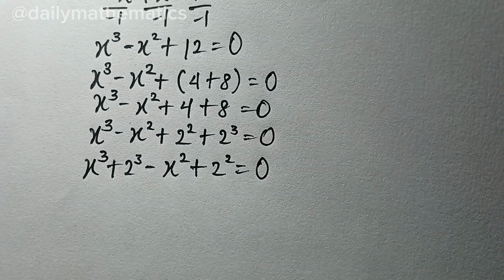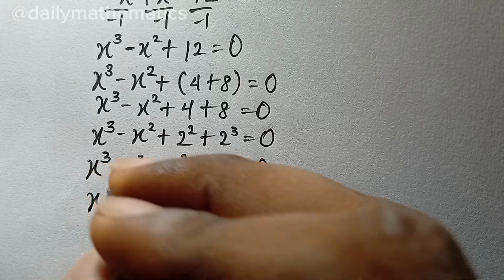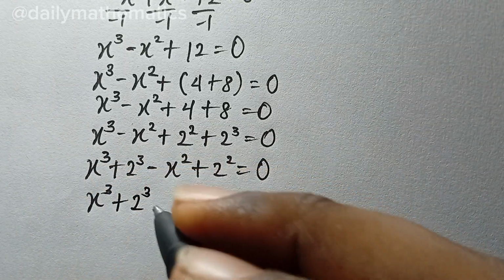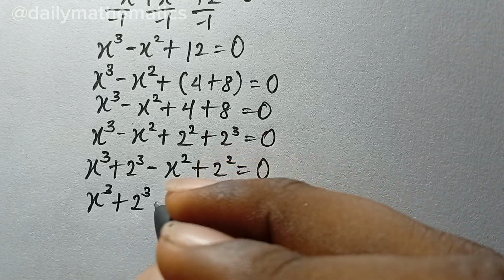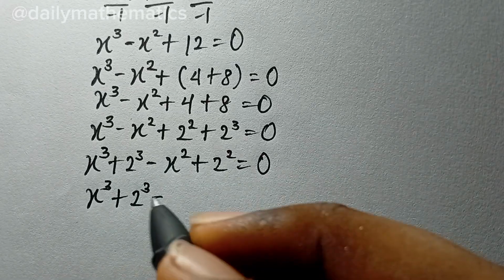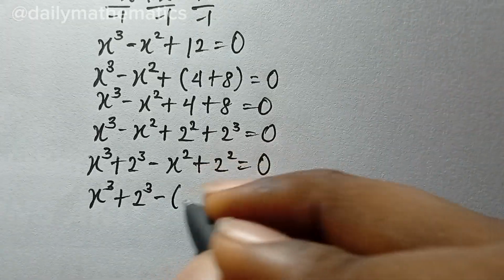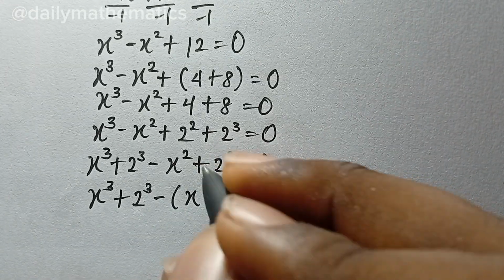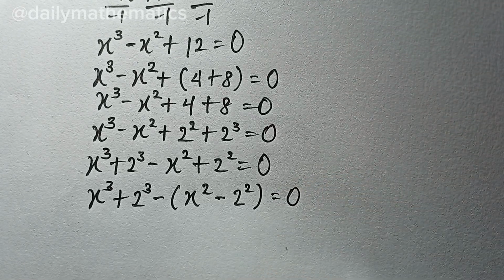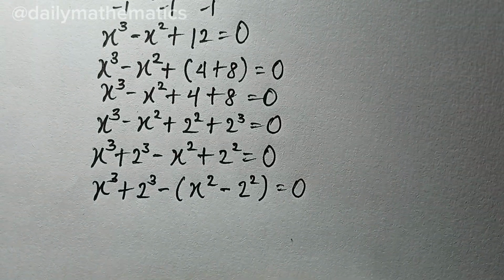And then what else can we have? From here we can have x cubed plus 2 cubed, and then we have minus. We bring out minus from here. We have x squared, and then here we have minus 2 squared equals 0. And then from here, what can we see?